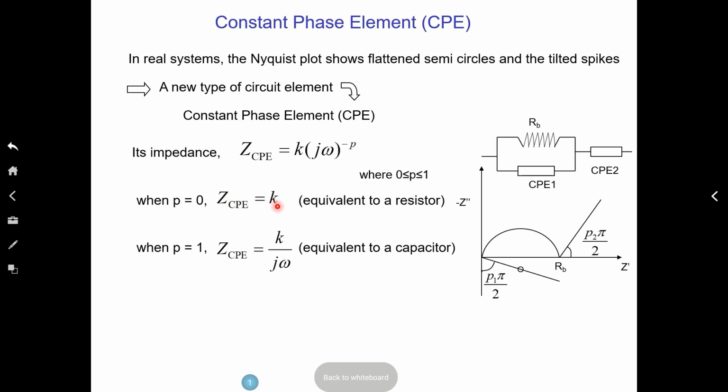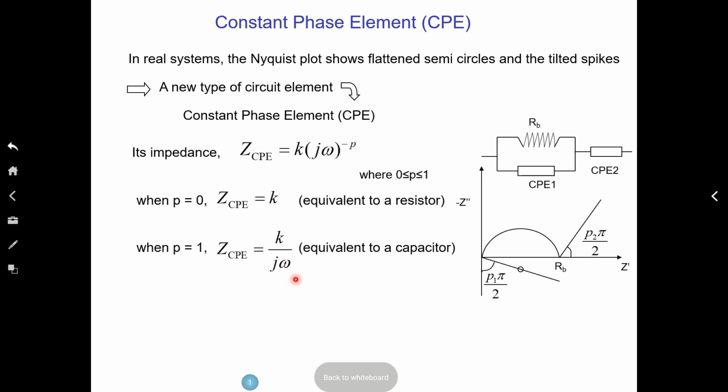Real value. So this would behave like a resistive component, a resistor, because in a resistor you have only the real value. There is no imaginary part. On the other hand, if P is 1, you can see that this will be some constant over j omega.